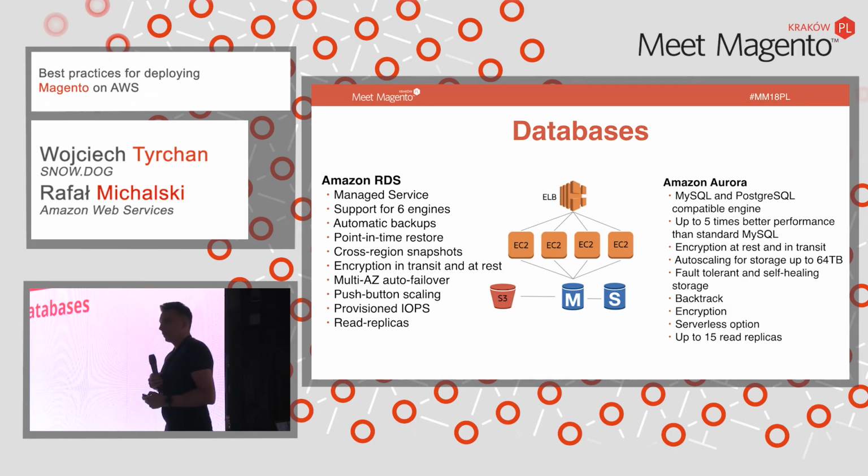It supports cross-region snapshots, so you can transfer your data from one region to another and then bring up the database in the other region. It supports encryption in transit and at rest. And it also can be configured in multi-AZ failover mode. So in case something happens in one AZ, the database is automatically failed over to another AZ.